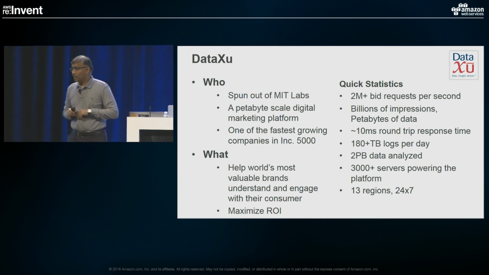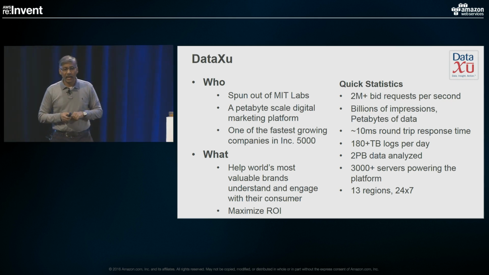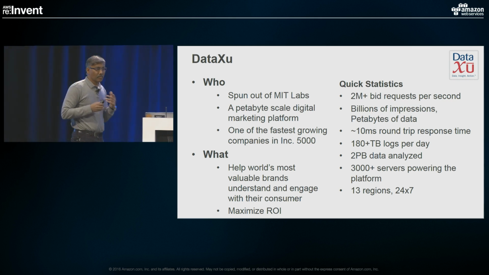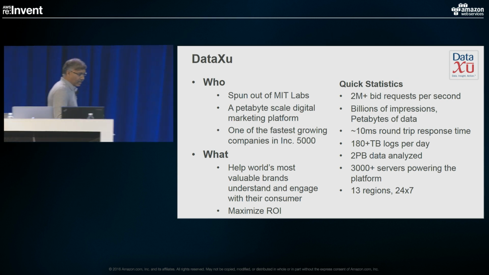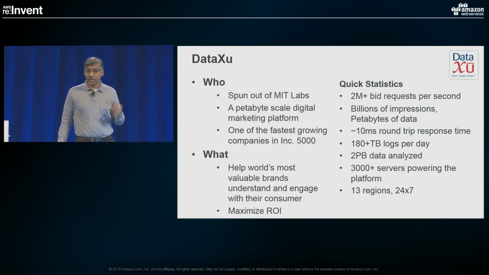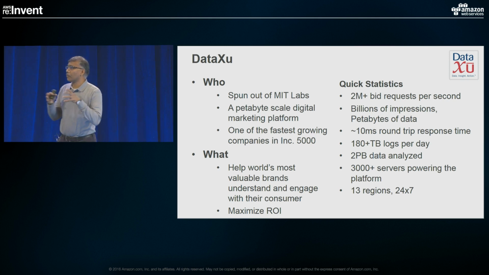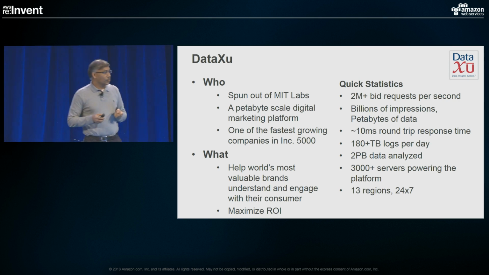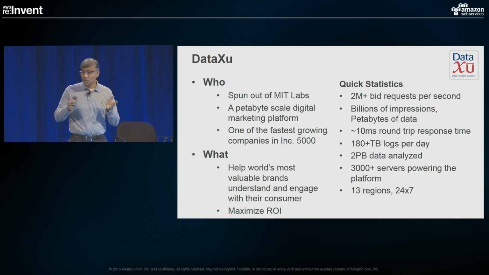Our systems collect about 180 terabytes of logs every day, and we analyze about 2 petabytes of data on a daily basis. We operate out of 13 different regions and data centers. It's 24/7 operations. The big meta point from this slide, really, is we collect, store, and analyze large volumes of data, like most of you.